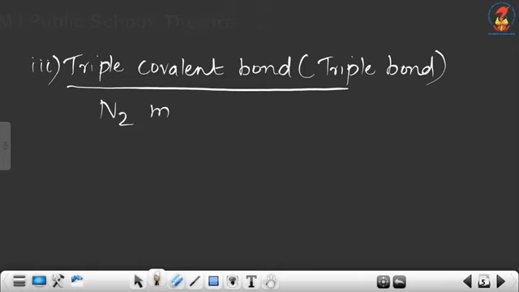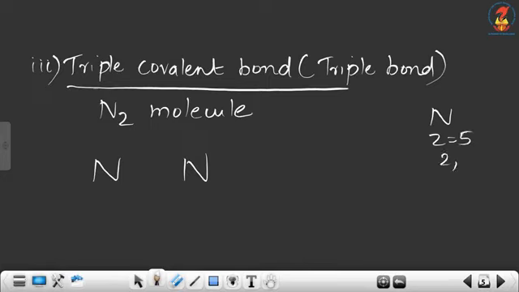Example, nitrogen molecule. 2 nitrogen atoms. Nitrogen has atomic number 7 and the configuration is 2, 5.